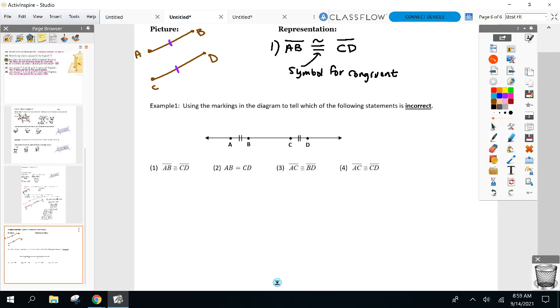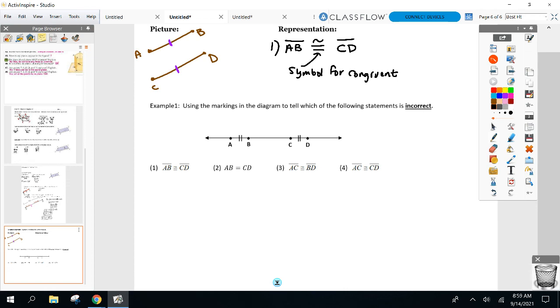Yes. Here's my question: what do you have to add on to AB to get to AC? BC, right? Everyone agrees I need to add on BC.